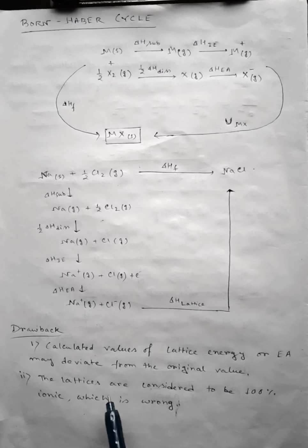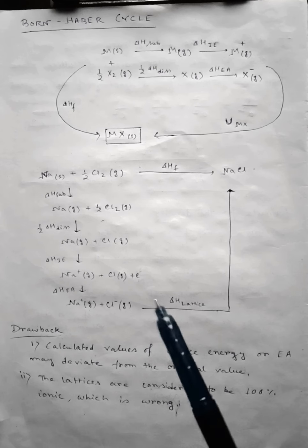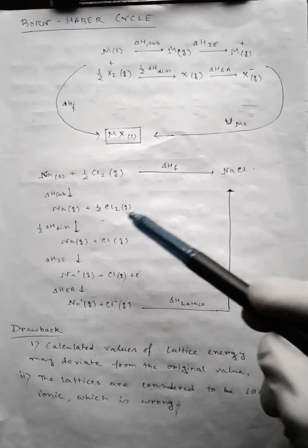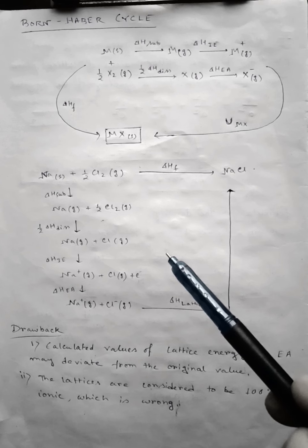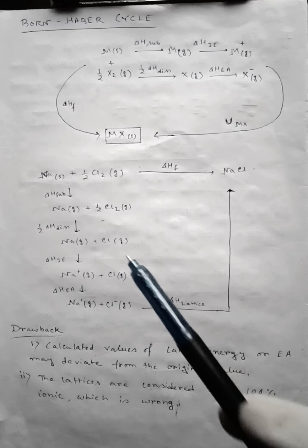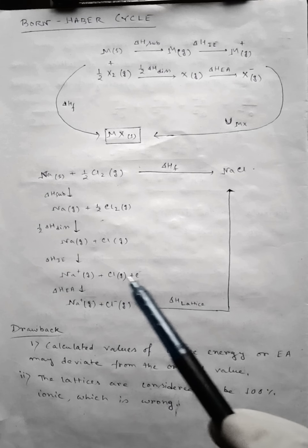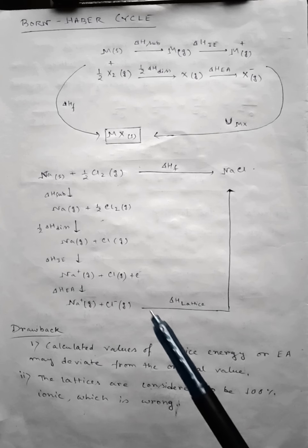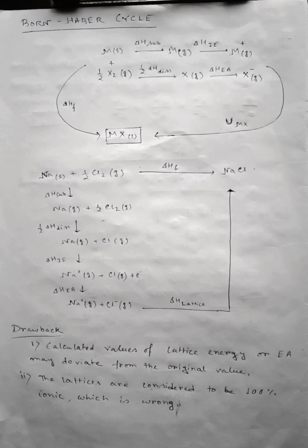The lattices are considered to be 100% ionic, which is wrong. If we consider that all ionic solids are 100% ionic, that's not true, because there is some degree of covalency in those ionic solids. So we have to consider that degree of covalency for an appropriate calculation.